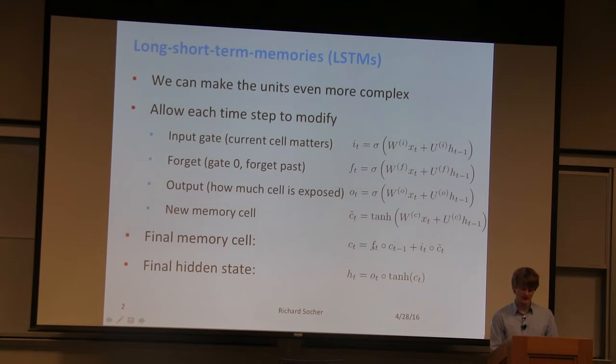We multiply here, so if the forget gate is all 0, then we will ignore the C t minus 1, the cell from the previous time step. And we now have an independent input gate, so the input gate will define how much we're going to use from the intermediate memory cell.